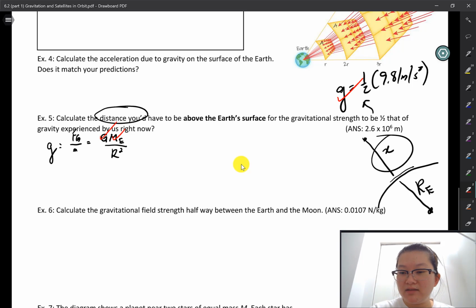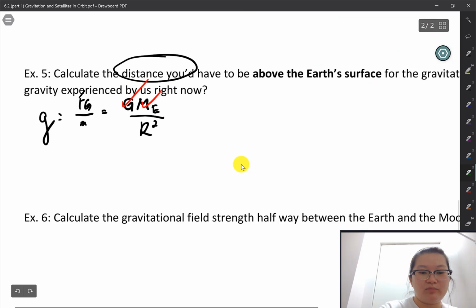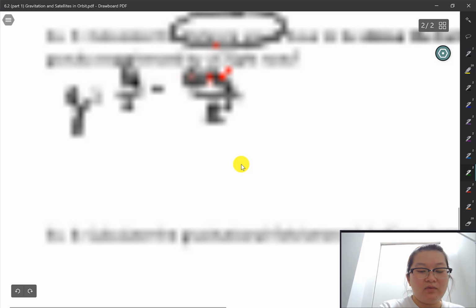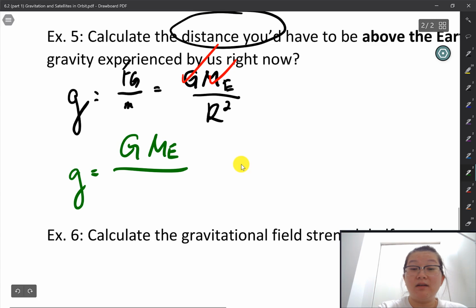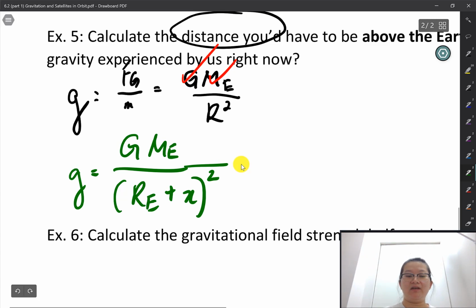To rewrite this, we're going to have big G, mass of the Earth, and this R value is going to be the radius of the Earth plus that extra distance x that we need above the Earth's surface.